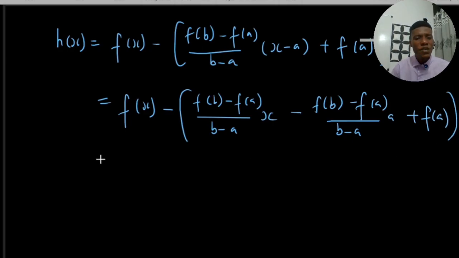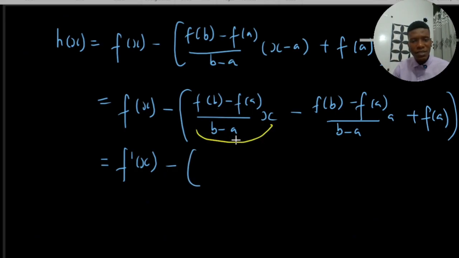Now, if you differentiate this f of x, you get f prime of x minus, if you differentiate the whole of this, do not forget f of b, f of a, b and a, they are all constants. So their result will also be a constant. So what are we differentiating here? The whole of this is just a number, a constant, which implies that we are doing something like the differential of 2x.